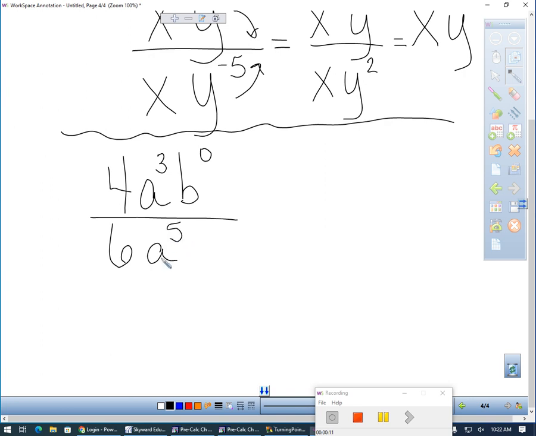All right. Let's start with our numbers. I want you to start by reducing or simplifying that fraction. 4 over 6 reduces to 2 over 3. Awesome.